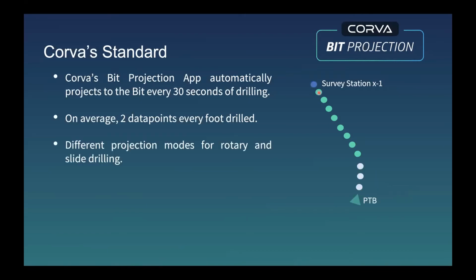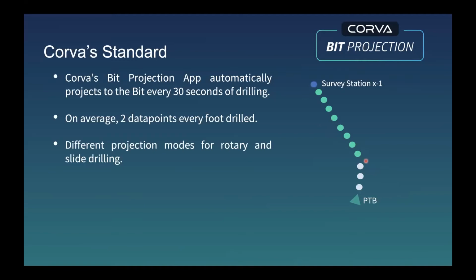One of the other things that we can differentiate, and we'll talk about this more in a few minutes, is that assuming we're rotating, we're going to make these projections in this direction. But if we change operations and now we know we're sliding, which the app automatically picks up, we're trying to change direction of the wellbore.